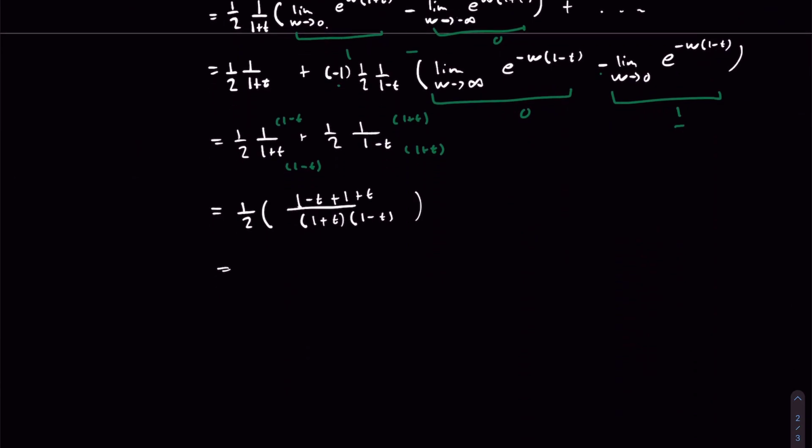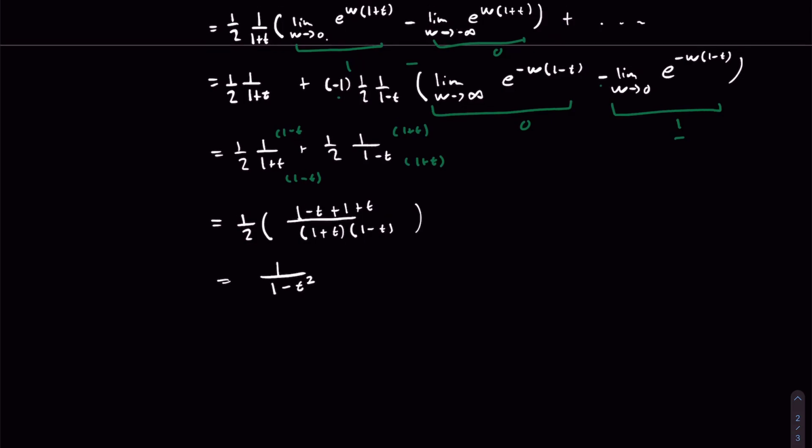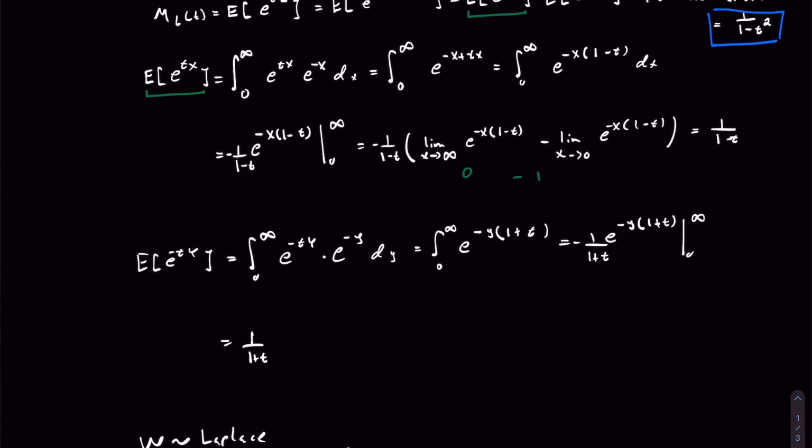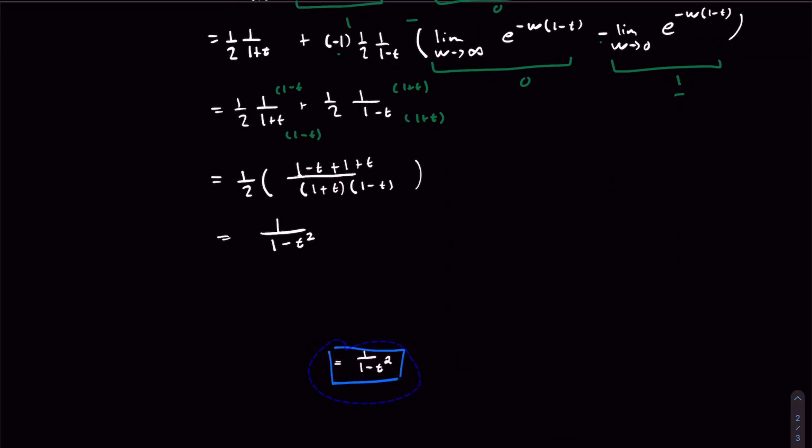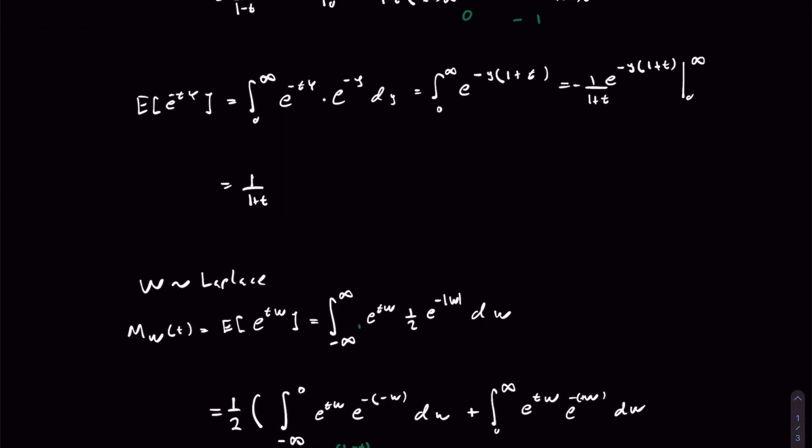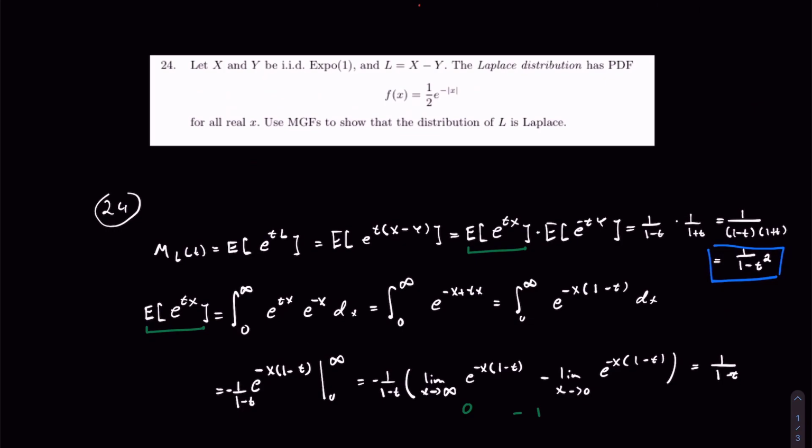So this is just 1 minus t squared, which is, as I just showed you, but I'm just going to copy this to make sure that we're getting the whole thing compared properly. So this is now true. The Laplace MGF, so L, is indeed a Laplace random variable.